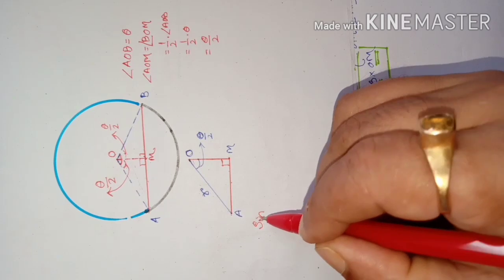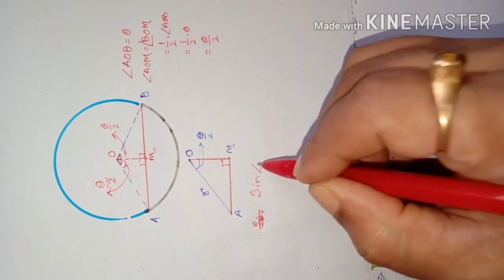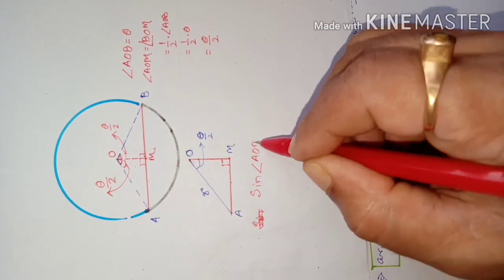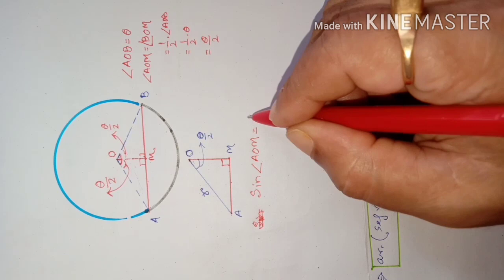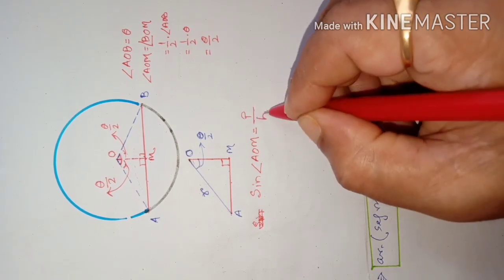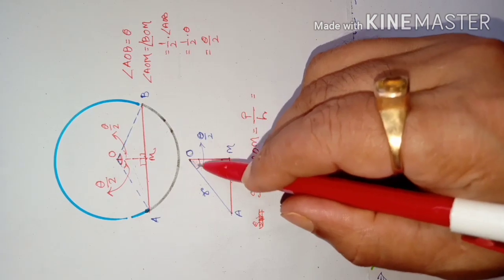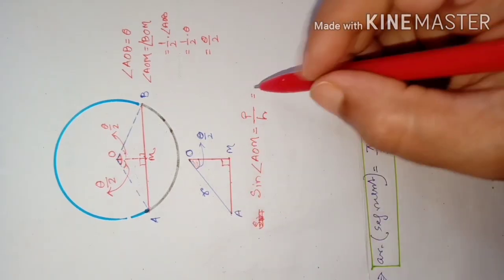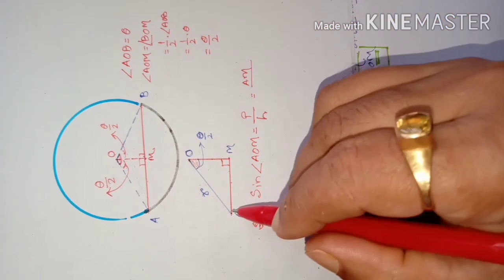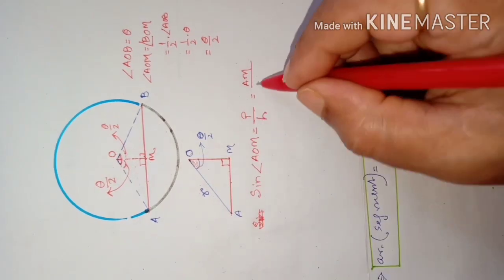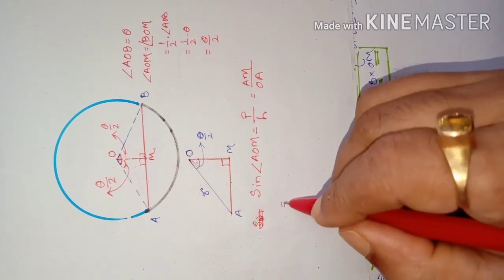Sine of angle AOM is equal to what? Perpendicular by hypotenuse. What is perpendicular for this angle? This angle's opposite side is called perpendicular. Perpendicular is AM and hypotenuse is OA.